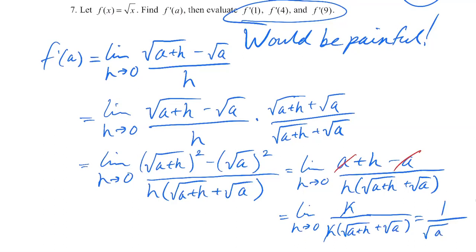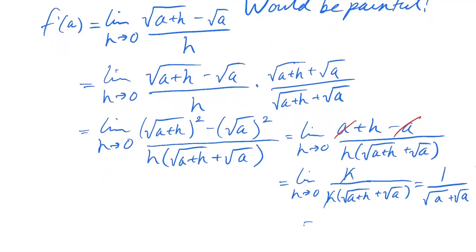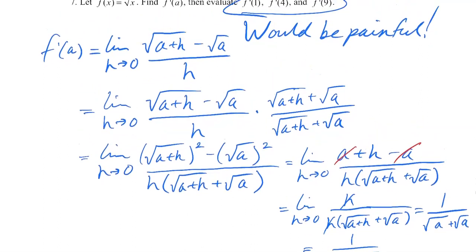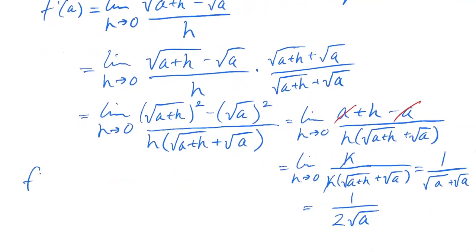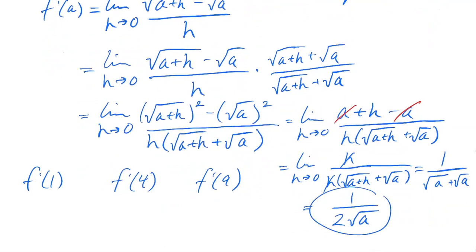radical a plus radical a if we go ahead and evaluate the thing. That looks like 1 over 2 radical a. Okay, now we want to evaluate this for f prime of 1, f prime of 4, f prime of 9. So we're using that expression.